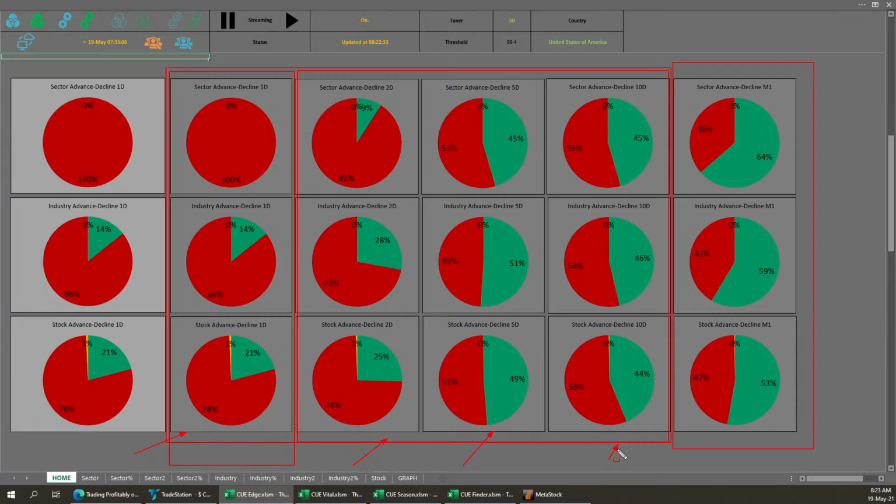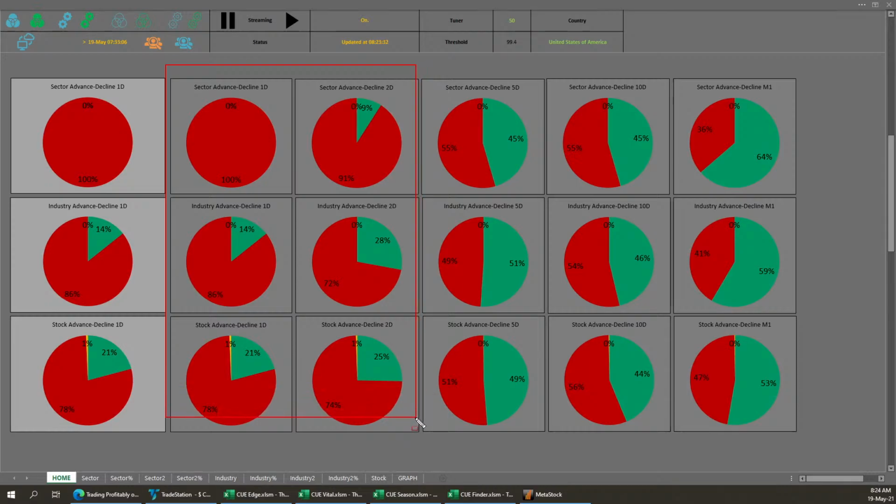So we are seeing gradual weakening of the sector, industry, stock, advance decline. Now in the past many times it happened that 1 day and 2 day turned bearish only for market to go up and them turning green again. Will it happen again? It is possible because the 3 market ETFs are having trend line support, and the mega cap top 20 also have trend line support.